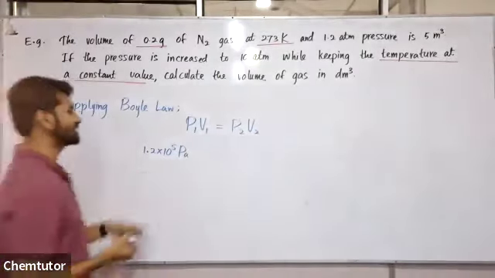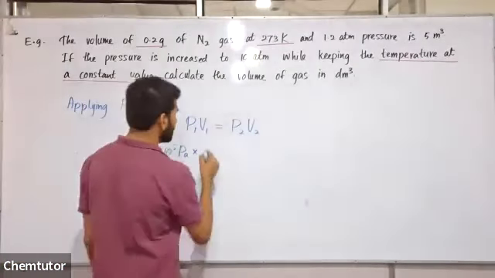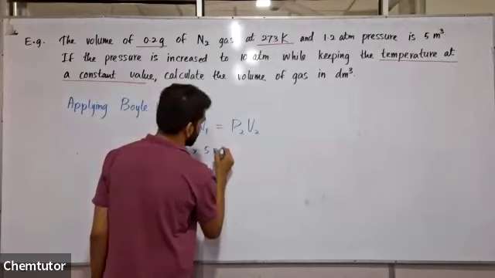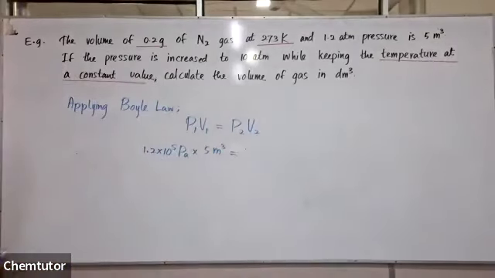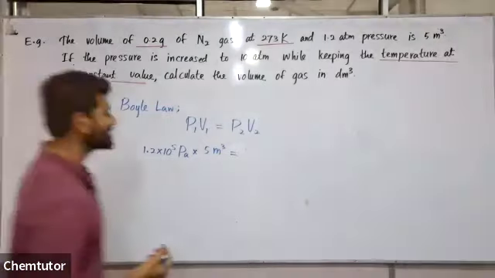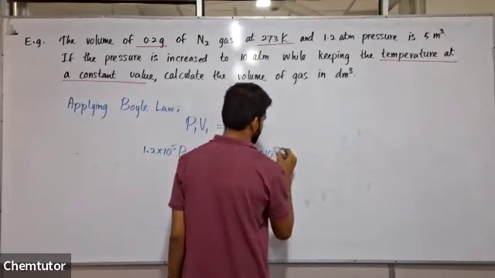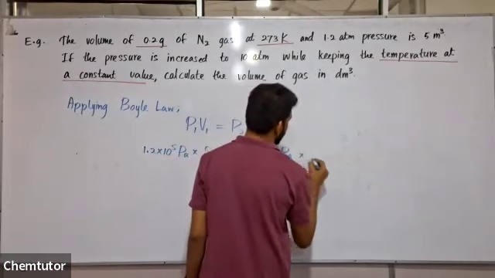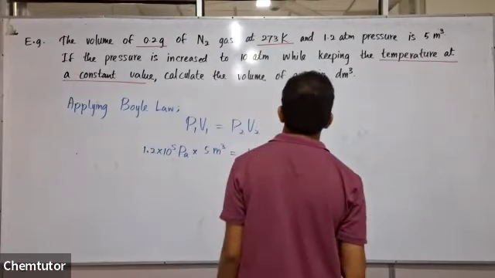Into the volume, 5 cubic meters, equals P2, which is 10 atm, so 10 times 10 to the power 5 pascals, times V2. We don't know the new volume; that's what we need to find out.